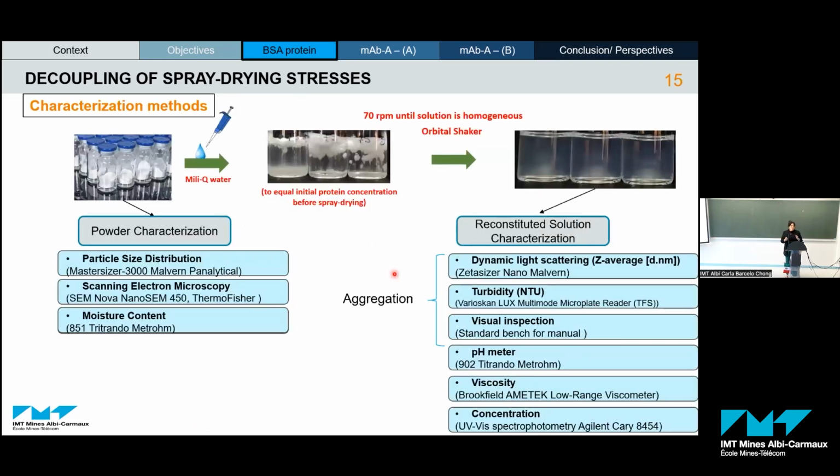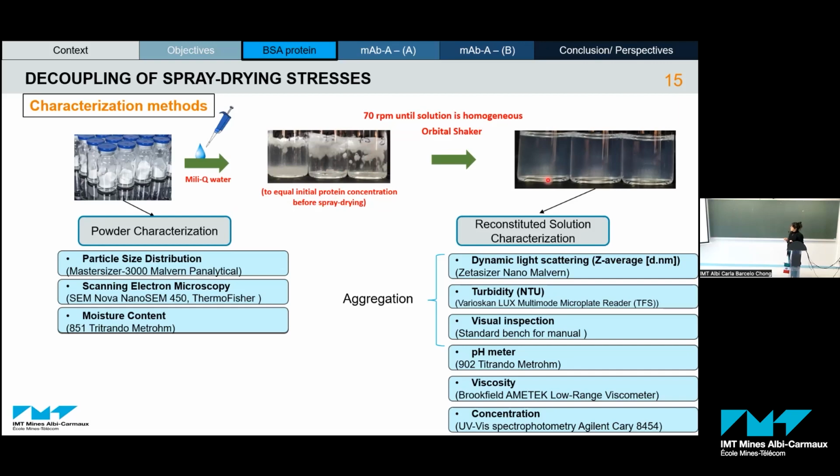The different products obtained from these tests will be characterized for the powder, for example, the particle size distribution, imaging, and moisture content. This powder will be reconstituted using milli-Q water to achieve the initial protein concentration and to obtain what we will be calling the reconstituted solution.